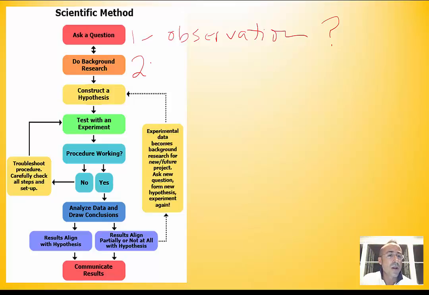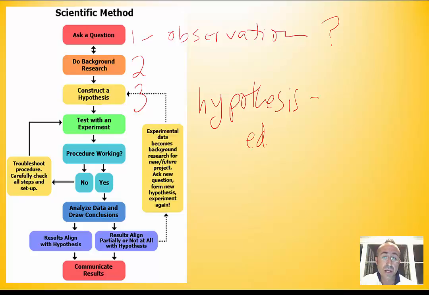Okay, so from that area, when you have your background research, you have your question, you're really curious about this, your next phase is to go into what's basically called constructing a hypothesis. Okay, so now your hypothesis, in alternate terms, you probably have heard this, it's really just an educated guess.